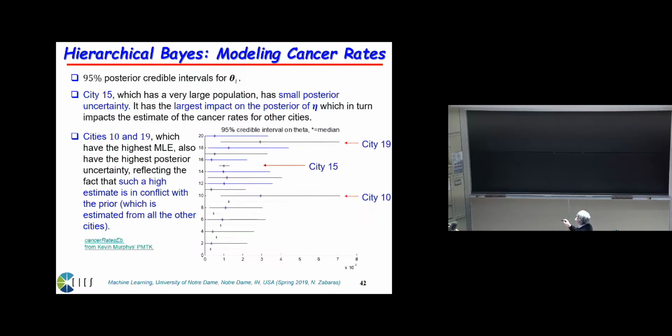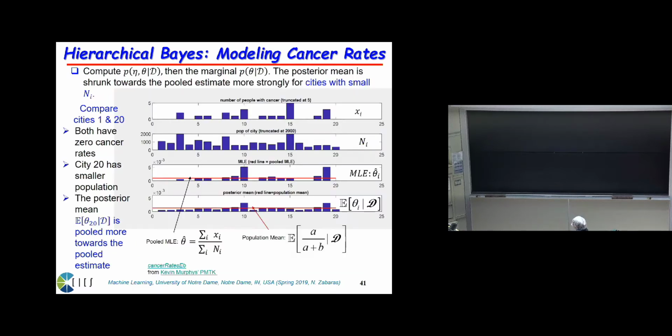And if you look, let's say, at CT19, it has very huge uncertainty. So can you see why CT19 has very huge uncertainty? Okay, so CT19, all right, 19 is here, right? And 20 has 0 cancer rate.